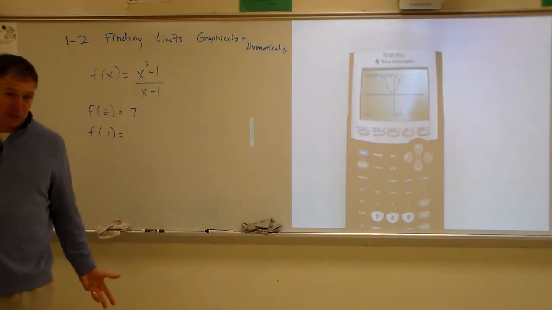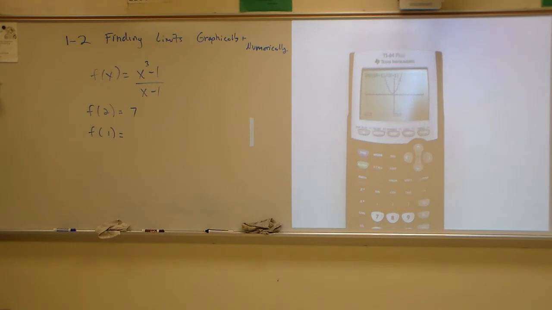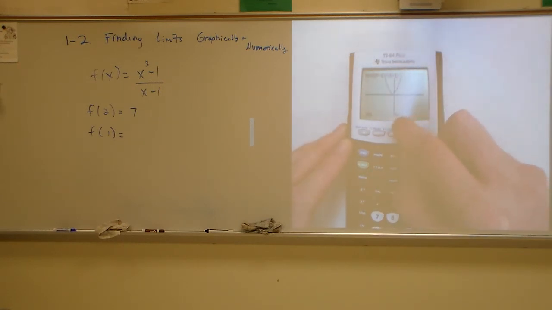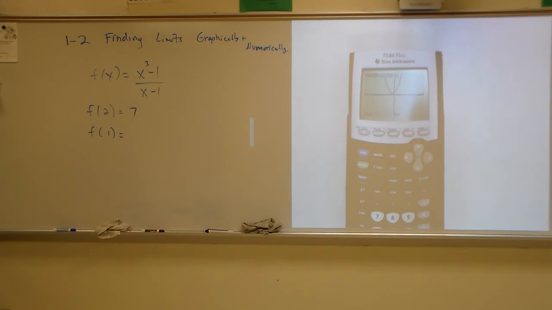So I'm not going to get an answer there. Let's see what the calculator does for that. So I hit my second calc for value and I type in 1, and there's no answer listed. So that tells me that something strange is happening there.